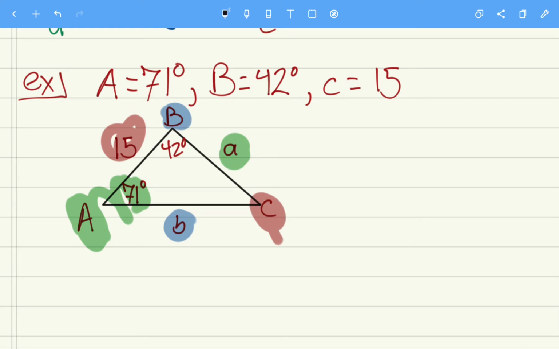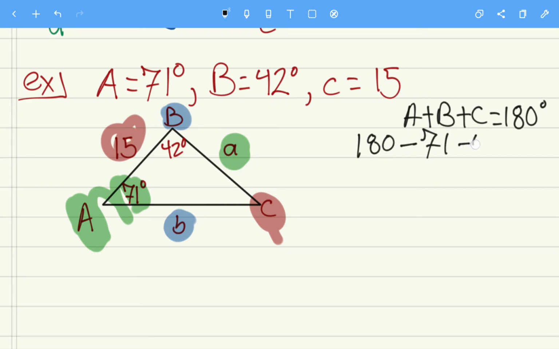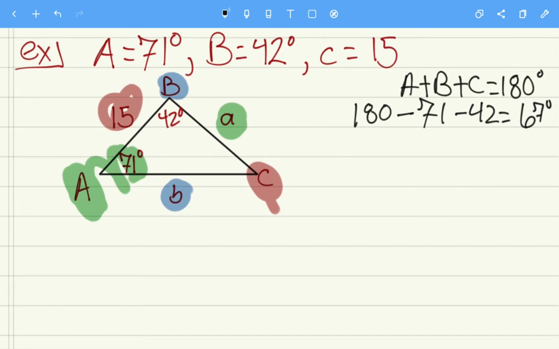So one thing we need to remember is that all three angles of a triangle equal 180 degrees. So we can figure out angle C by doing 180 minus 71 minus 42, which in my calculator we get 67 degrees. So we know angle C is 67 degrees. Let's do that in green since that's what we found.